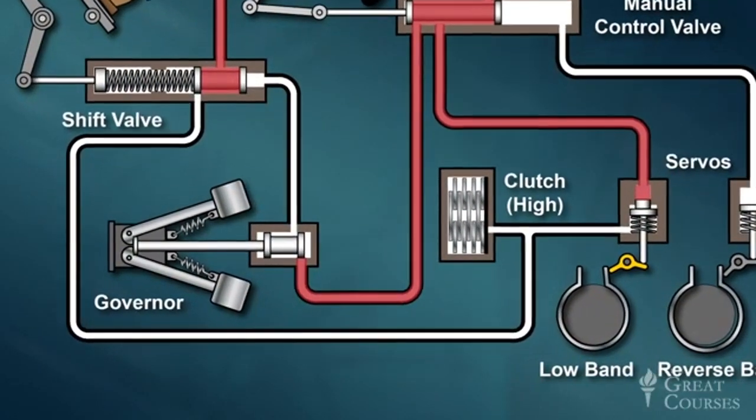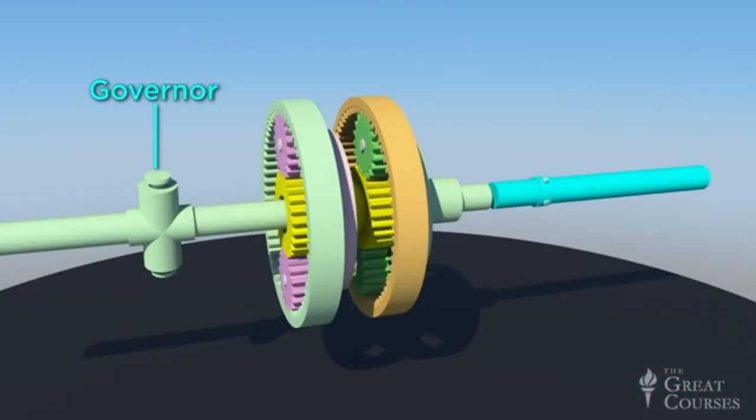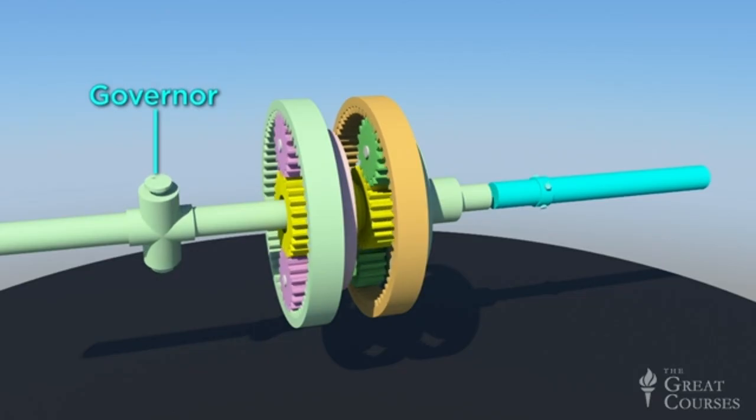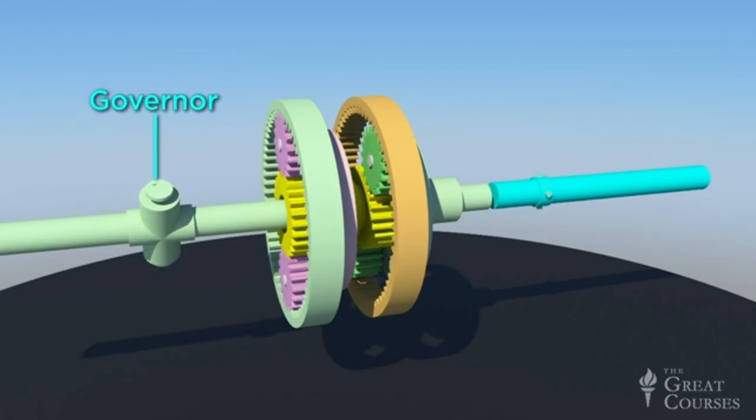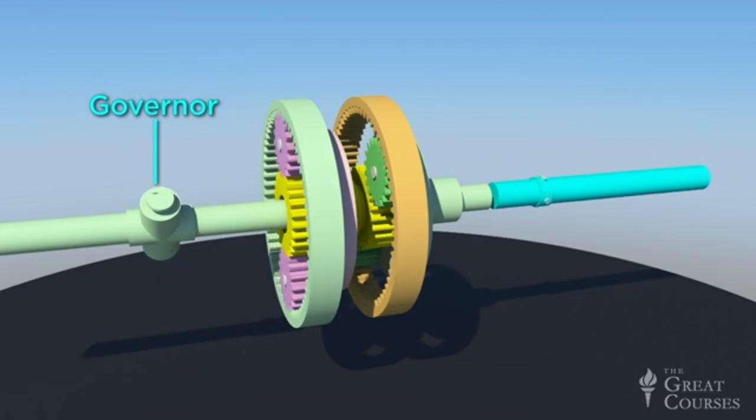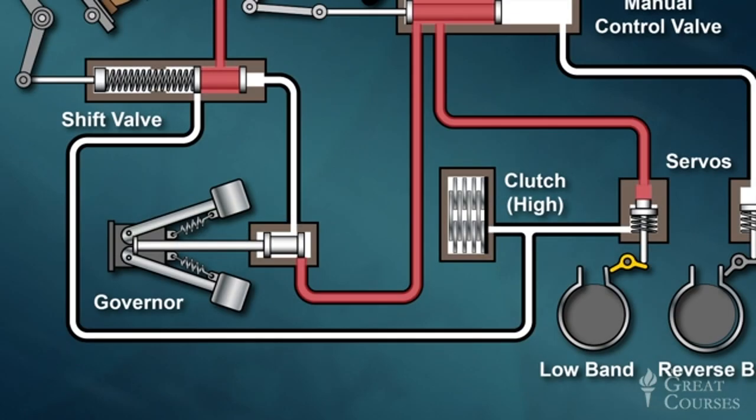Now recall that the governor is connected directly to the transmission output shaft. So the governor's rotational speed is a direct measurement of the vehicle's road speed. When the governor's shaft is spinning slowly, these two spring-loaded arms remain close to the shaft, and this valve remains closed.